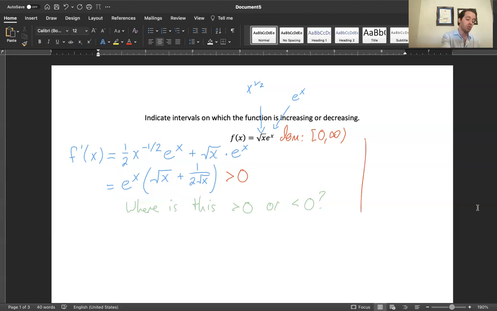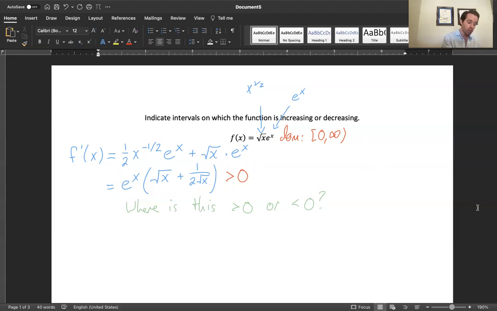This has to mean something for the graph as well. Remember that the graph of square root of x has a vertical tangent right there, and that means that its derivative doesn't exist. Well, what this probably means for this more complicated function is that it has a vertical tangent there as well.